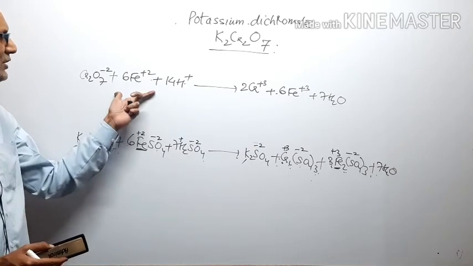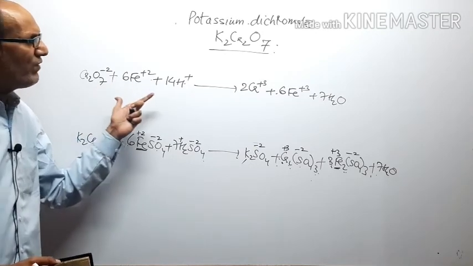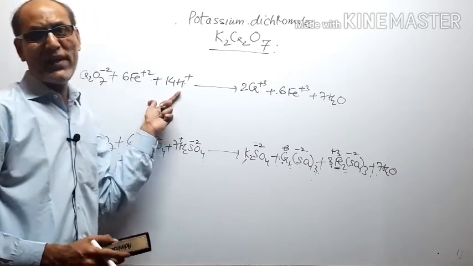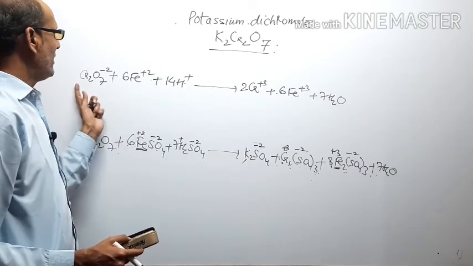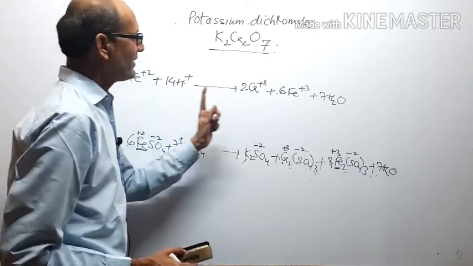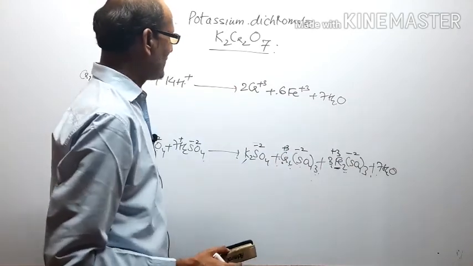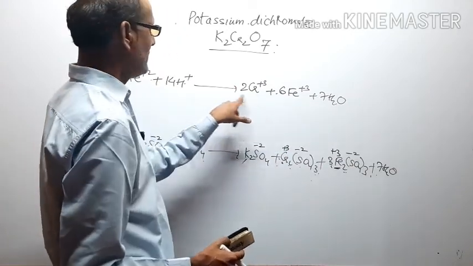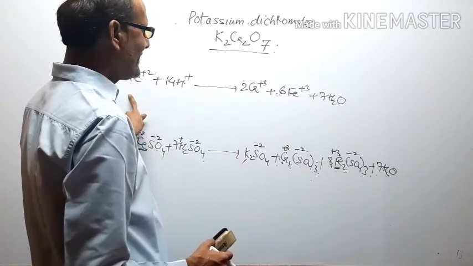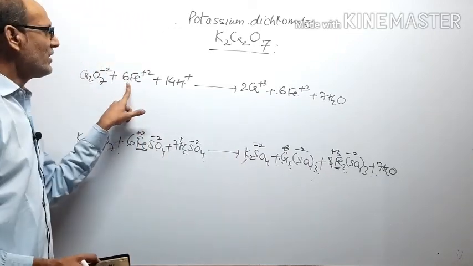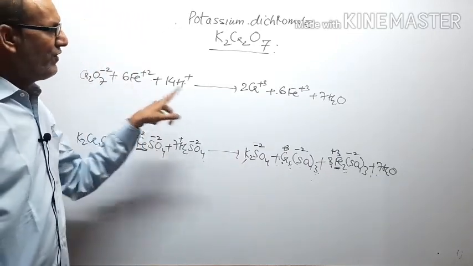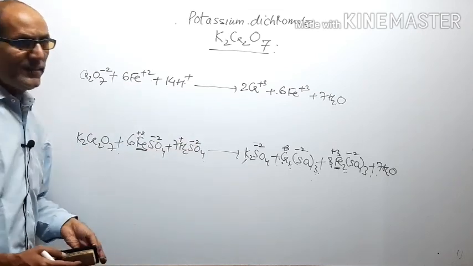You can write this equation like this. If you get a question on the board to write the equation in ionic form and are asked to complete and balance the equation, this is the complete and balanced ionic equation of conversion of ferrous to ferric ion. Okay students, it is enough for today.